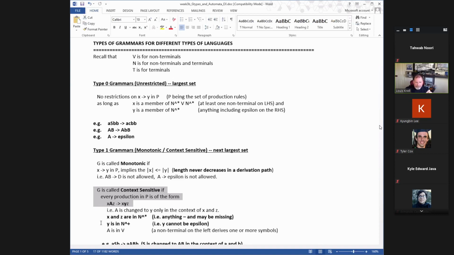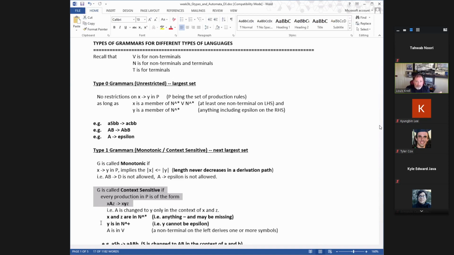Okay? So the X and the Z are anything, and they may not be there. In this case, they are there. The Y cannot be epsilon, and it's anything in terms of N to the plus, which means that it's going to be at least one object and any combination of terminals and non-terminals. And A, which is on the left side of the production rule, is a non-terminal that derives to one or more symbols.